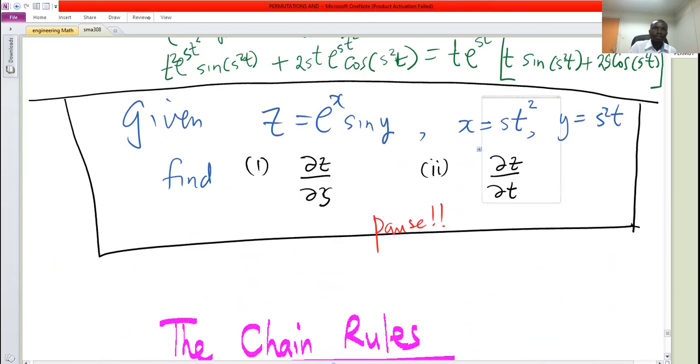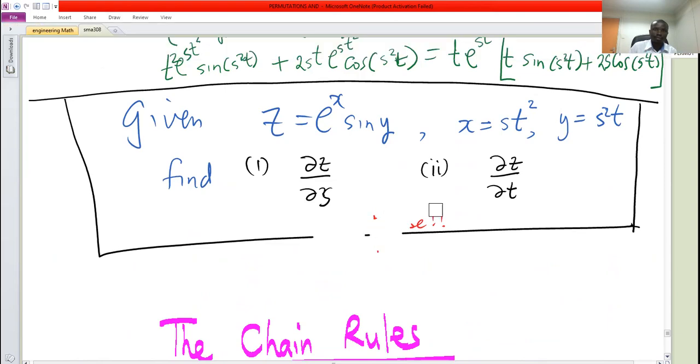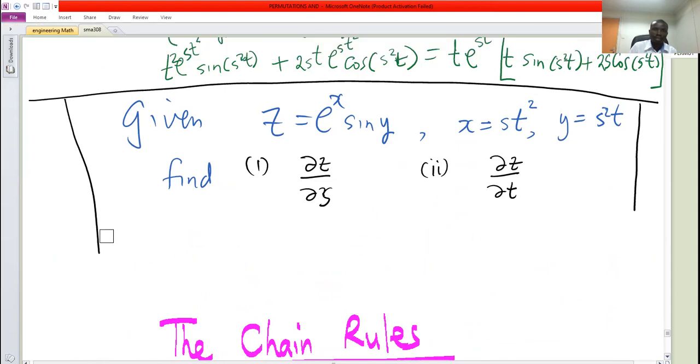And then for the second part, for ∂z/∂t, the first thing is to write the formula for the chain rule.